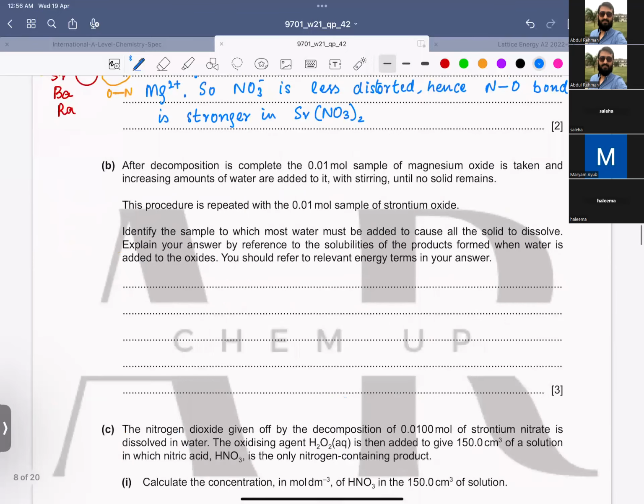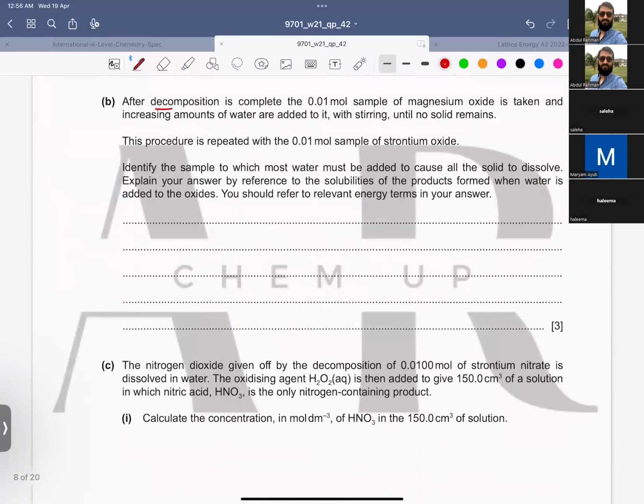Now, B part. After decomposition is complete, the 0.01 sample of magnesium oxide is taken and increasing amounts of water are added to it with stirring until no solid remains. So we continue to add water to that magnesium oxide until all the magnesium oxide dissolves. This procedure is repeated with 0.01 mole sample of strontium oxide as well.